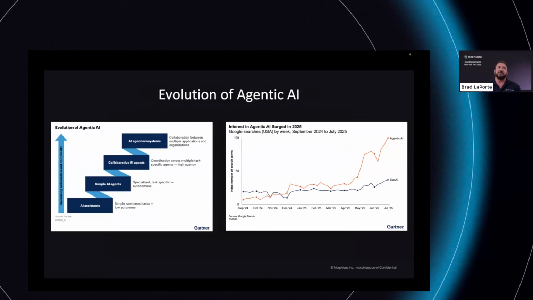Now we have AI assistants, simple AI agents, collaborative AI agents, and AI agent ecosystems, and we are evolving into a really interesting space where this is taking off, and organizations are rushing to add these capabilities.